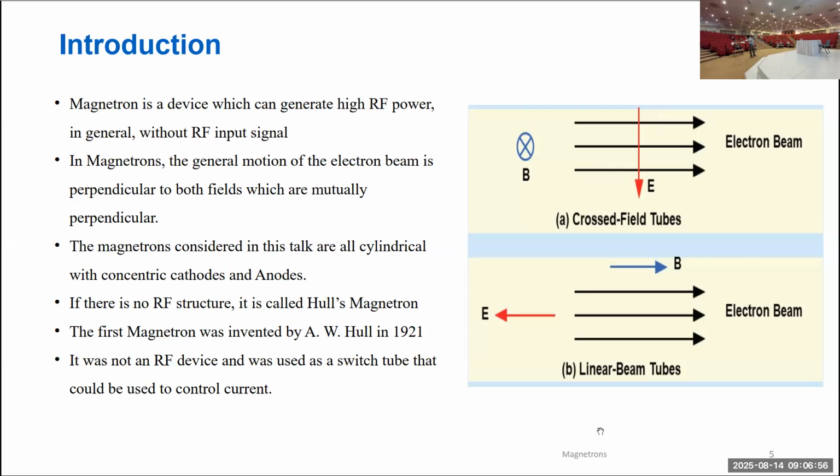The electric field, shown by the red arrow, is in this direction, and the magnetic field is outward or inward of this slide. While in other amplifiers, fields are almost in the same direction or in the same line. At least two are in the same line.